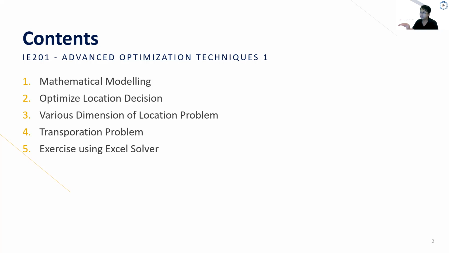So in the second and third parts, I will take one chapter from a book called Network Design and Application, in which they discuss the introduction on how location-related decisions are made from the perspective of optimization. And there we are going to discuss various dimensions considered in the location decision problem.